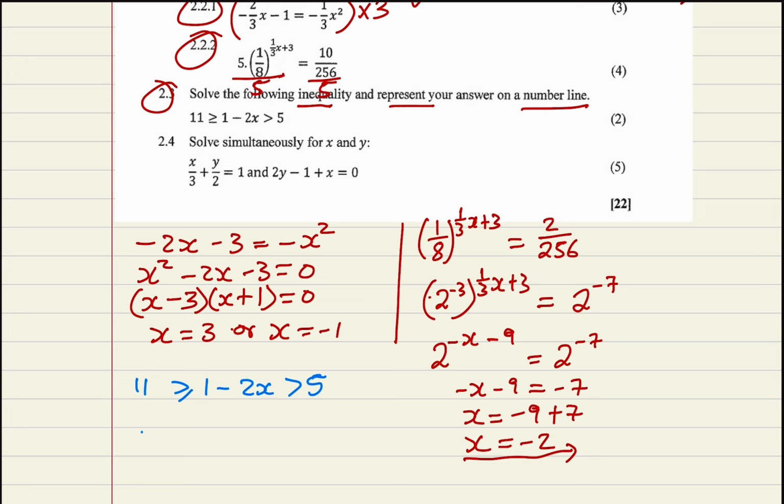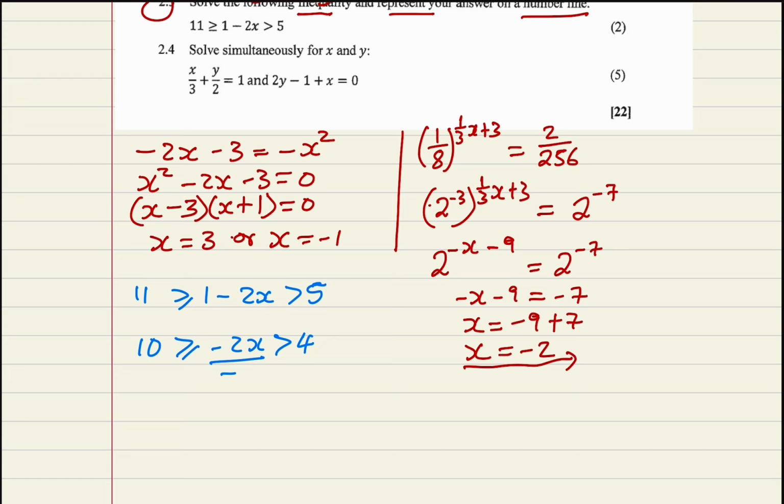So that means here you'll have 10 less than or equal to negative 2x, then here greater than, when you take it that side, it will be 4. Then we divide by negative 2 throughout. So we have x now. The sign changes because you have divided by a negative, right? So then you'll have negative 5 here, and here you'll have negative 2.